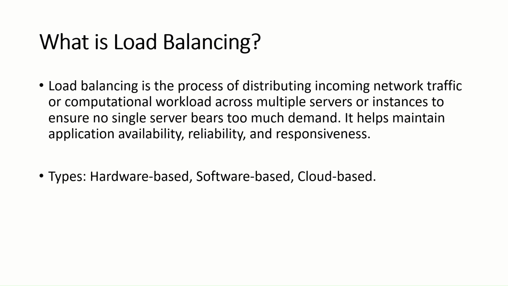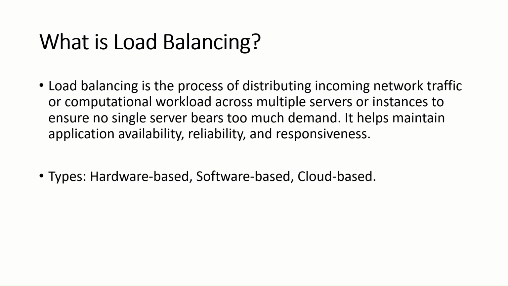It is a process of distributing incoming network traffic, which you can say is user requests, or computational workload across multiple servers or instances to ensure no single server bears too much demand. It helps maintain application availability, reliability, and responsiveness.